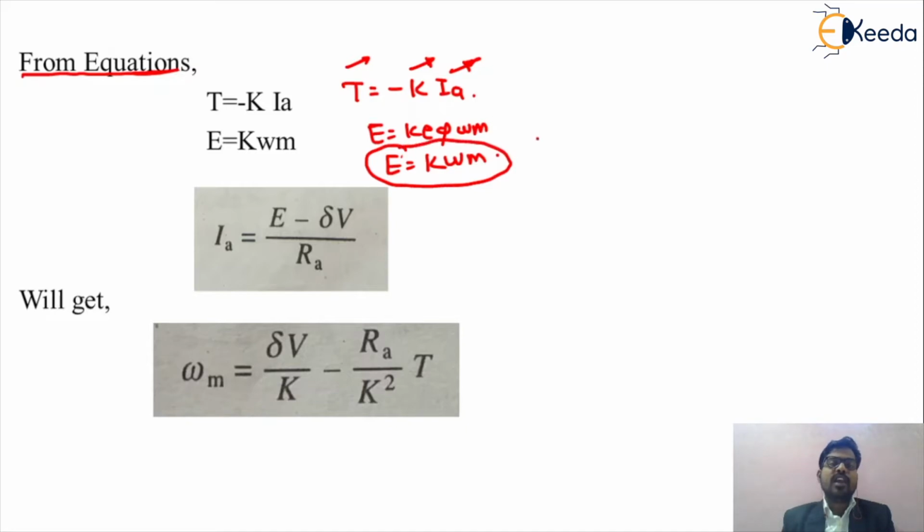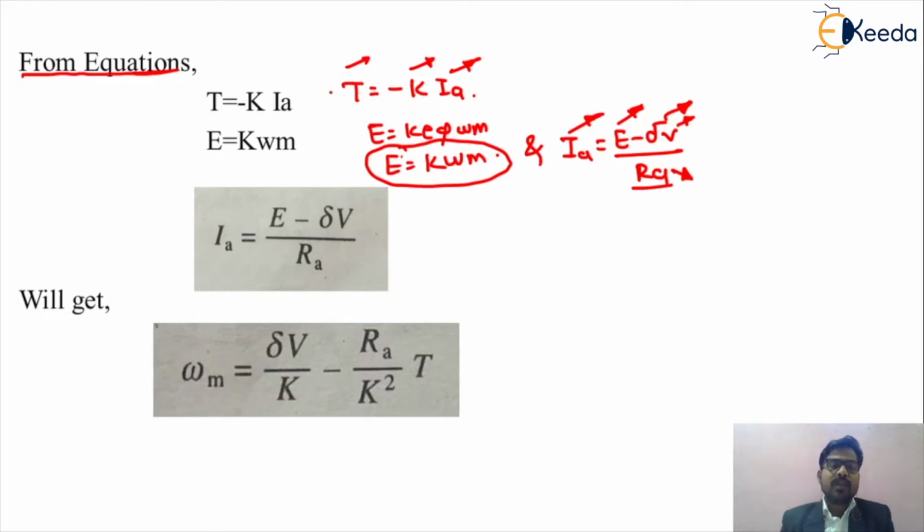And we have the value of armature current that we derived earlier, that is IA is equal to E minus del V divided by RA, where I is the current, E is the EMF, del is the duty ratio, V is the voltage, and RA is the armature resistance.